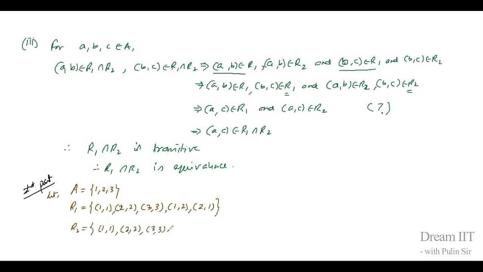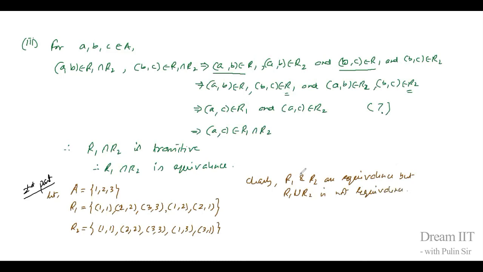Here we will not give the complete justification that R1 and R2 are equivalences. R1 and R2 are equivalences; you can justify by checking all the conditions, but here we only write the reason. The union is not an equivalence.